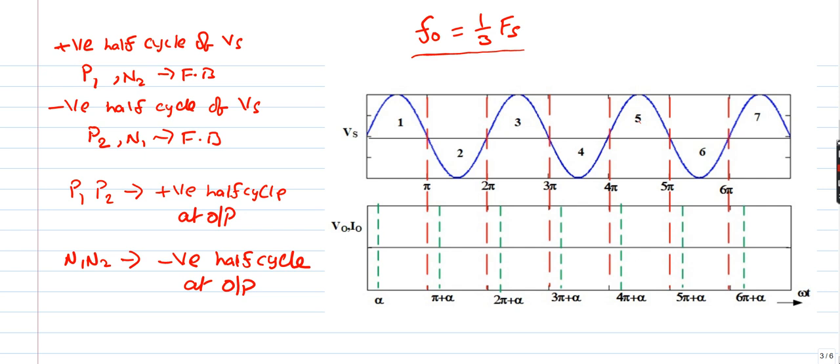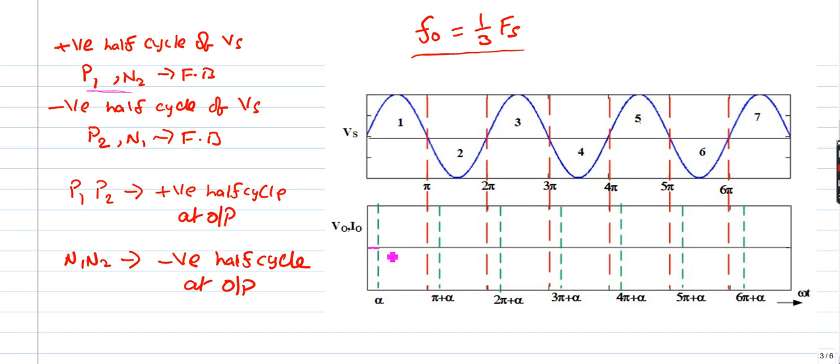Let us assume during the first half cycle, that is the positive half cycle of the source voltage, what switches will be in forward blocking mode? P1 and N2. What is the required output voltage here? Positive half cycle. So 0 to alpha, voltage and current will be 0.